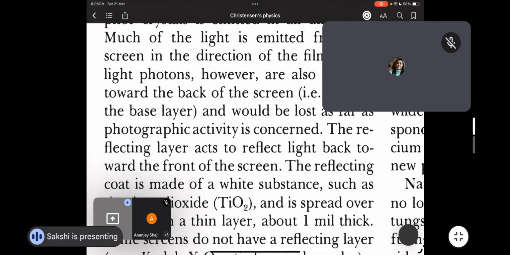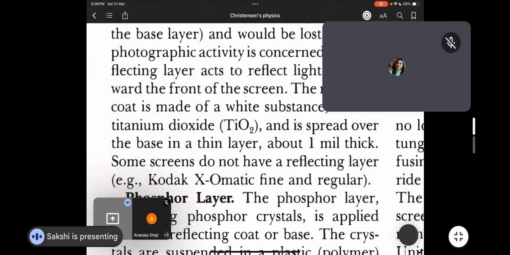So this reflecting layer will act to reflect light back towards the front of the screen. So obviously this is important. Just write one line: reflecting layer equals TiO2 equals white color. That's it. That much only question can be asked from this.